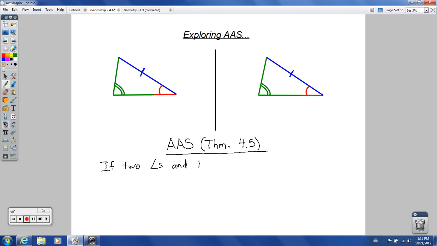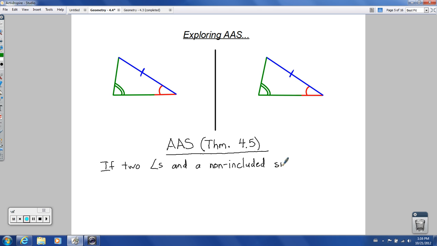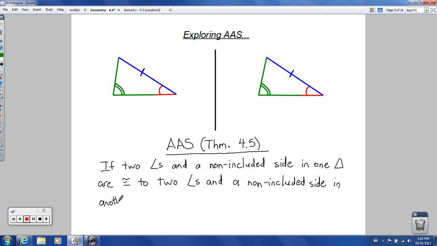So I'll say if two angles and a non-included side in one triangle are congruent to two angles and a non-included side in another triangle, the two triangles are congruent.